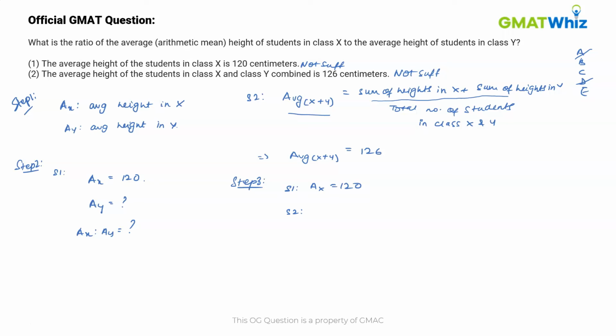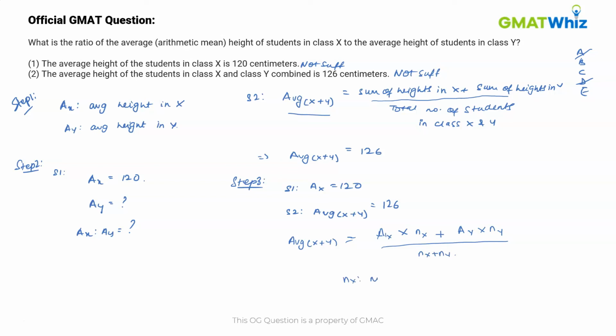And from statement 2, we have the average height of both the classes combined in X and Y. This will be equal to the average height of students in X multiplied by the number of students in class X, plus the average height of students in Y times the number of students in class Y, divided by the total number of students in X and Y, which is equal to Nx plus Ny.